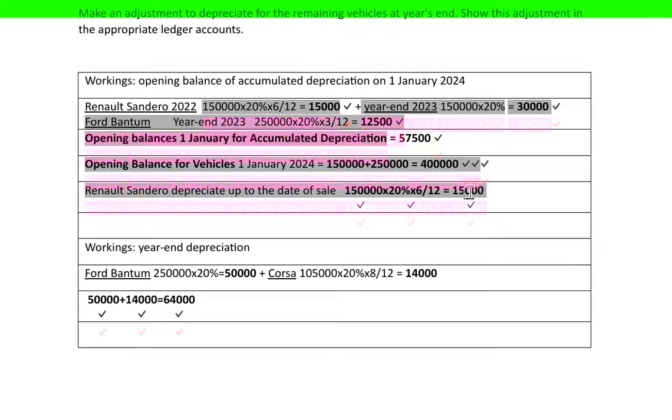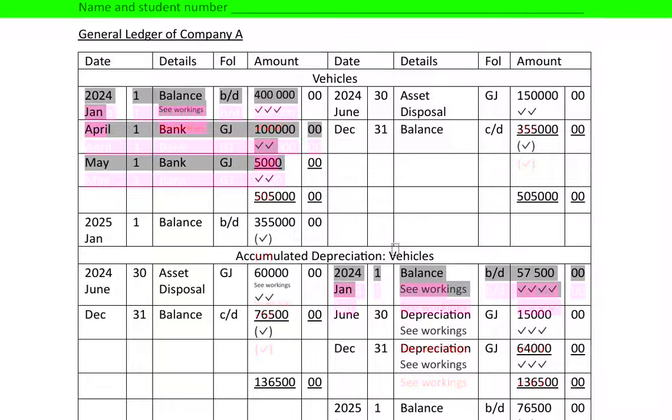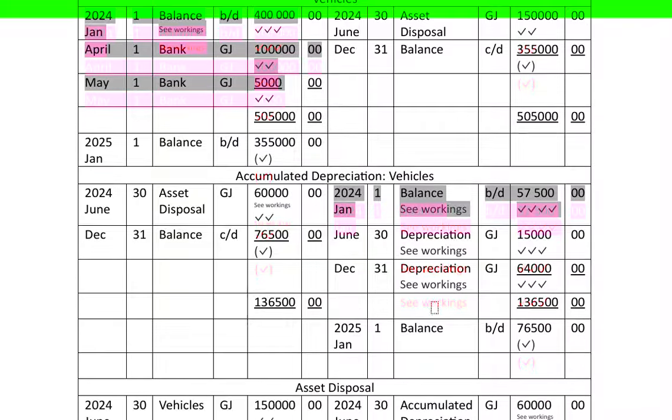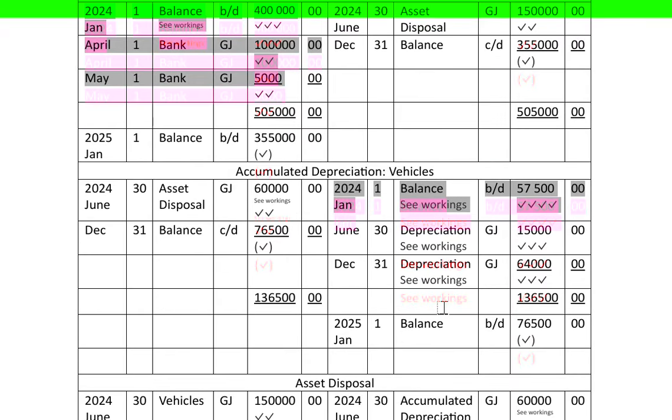This is the third year we've had the Renault Sandero. First year was 15,000. The second year was 30,000. Now we're selling it in the third year, 15,000. So we need to depreciate up until date of sale. And the entry when we depreciate up until date of sale will be, this was the selling date, June the 30th.